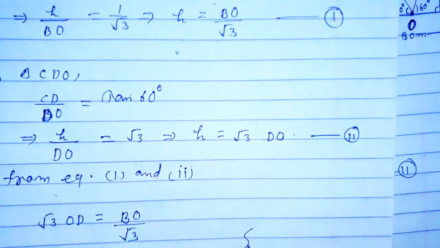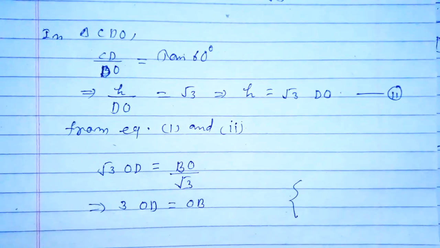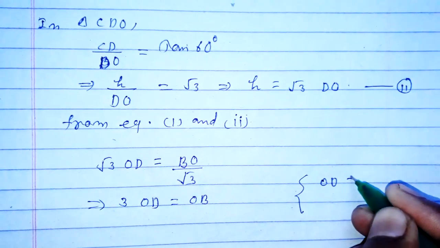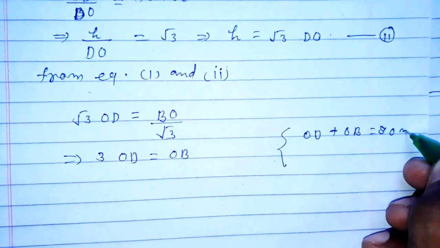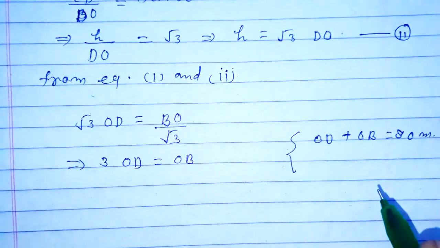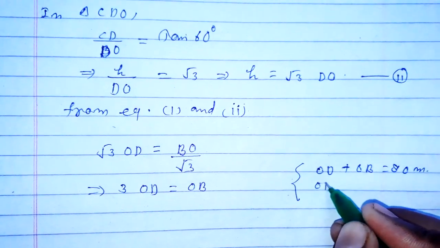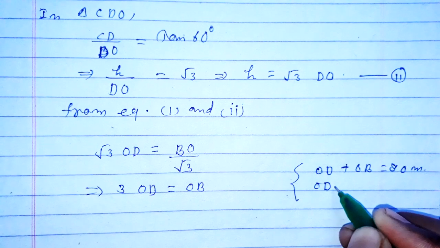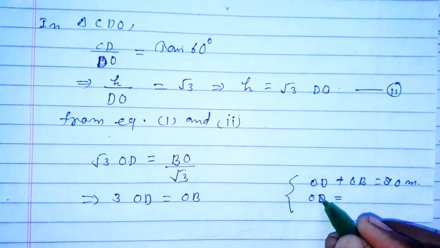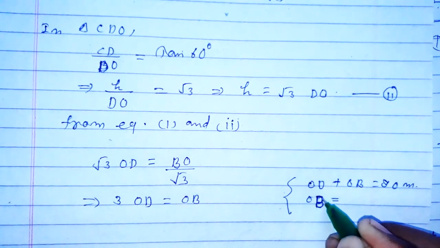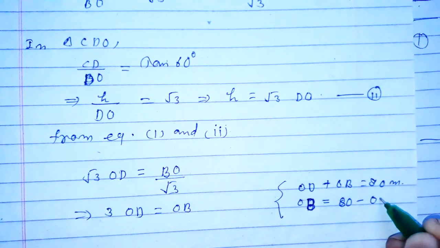Here the total distance is given as 80 meters, so OD plus OB is equal to 80 meters. So OB is equal to 80 minus OD.